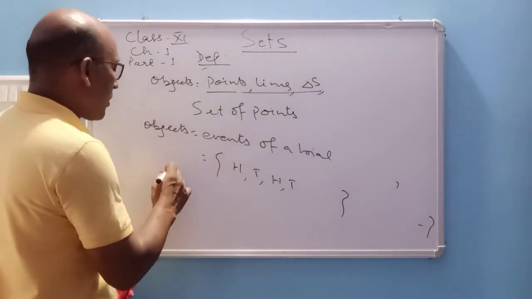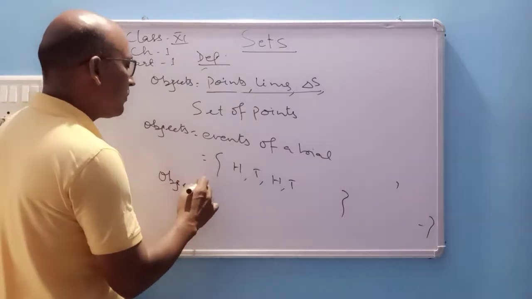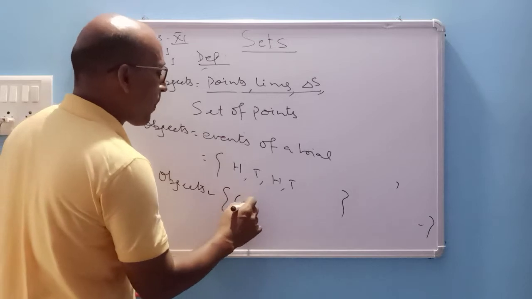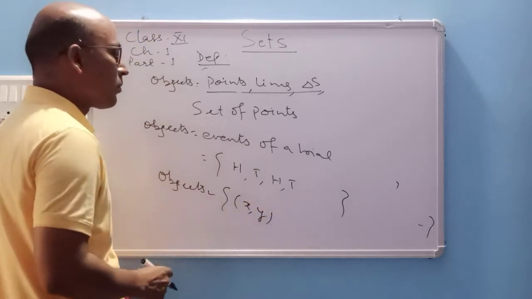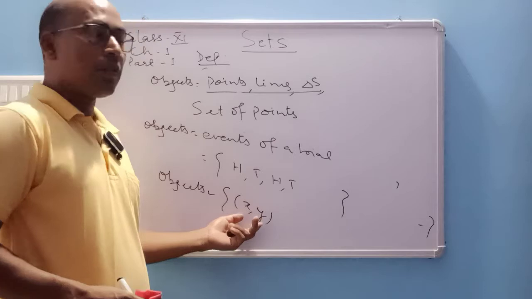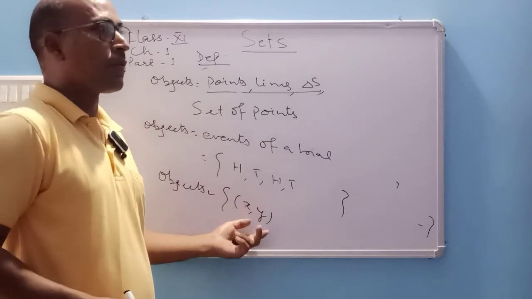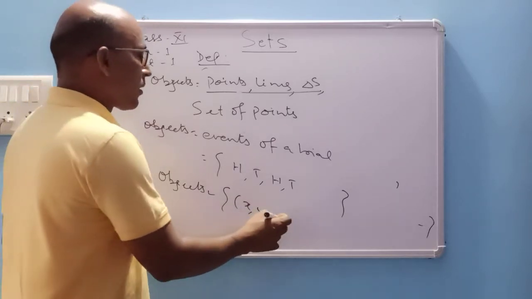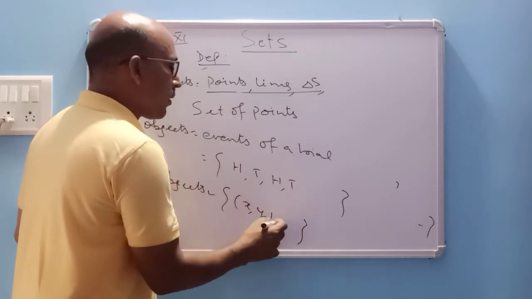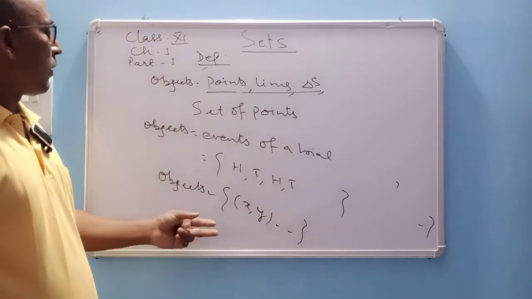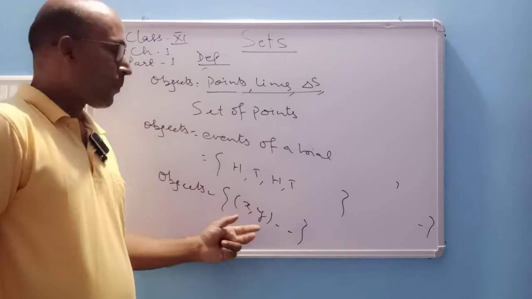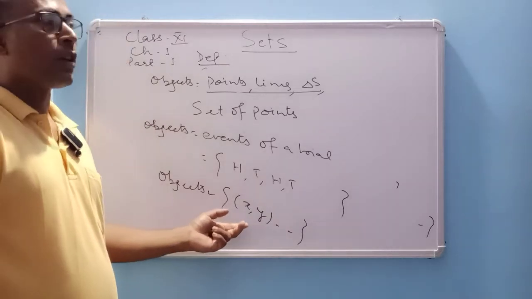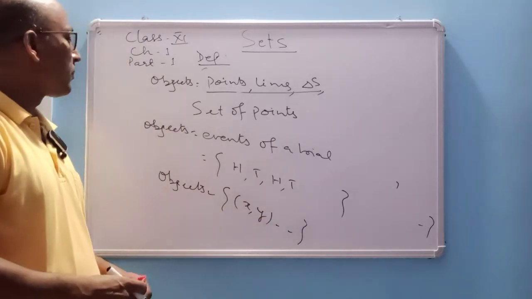Similarly, the objects of the set may be the set of all ordered pairs of real numbers. In that case, you will read that the set is called a relation or function.